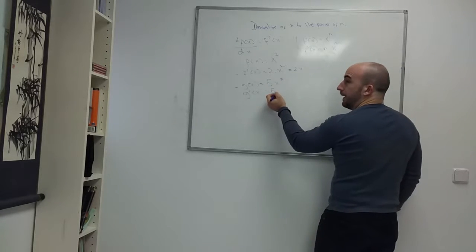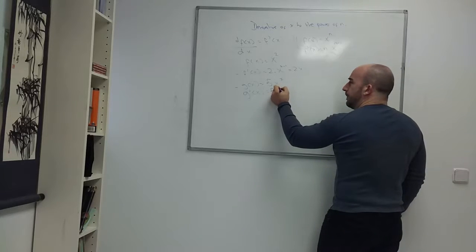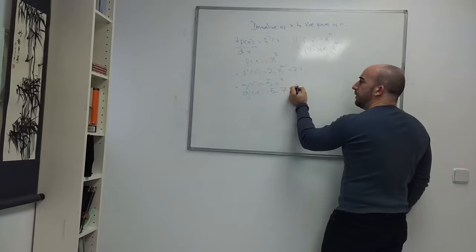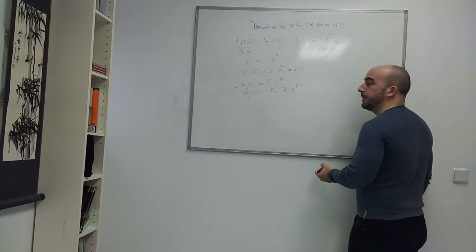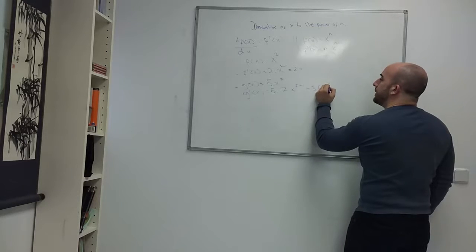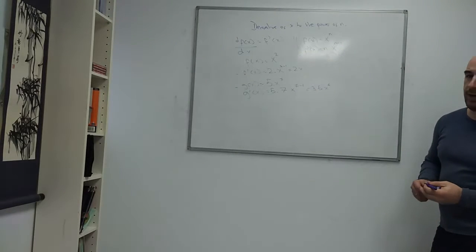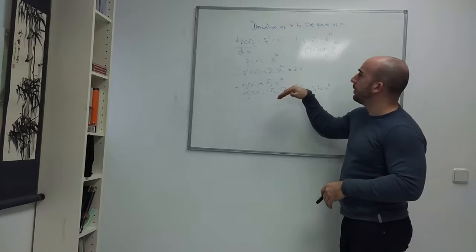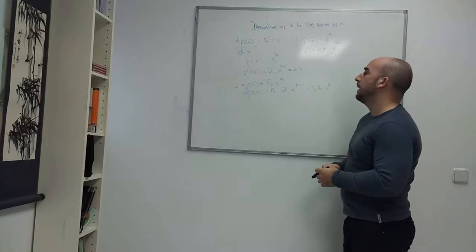So we leave the 5, multiply it, take down the 7, times x to the power of 7 minus 1. So that would be 35x to the power of 6. Okay? So that's easy. With all the powers you would do the same.